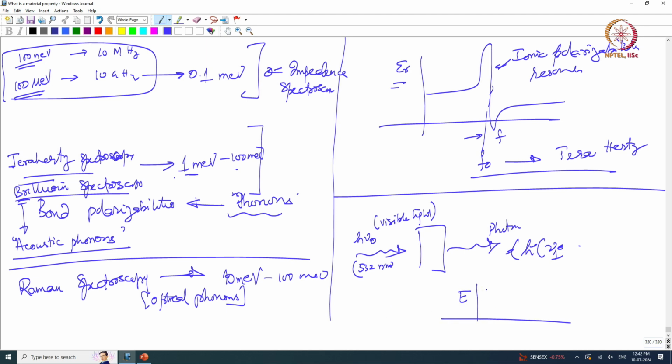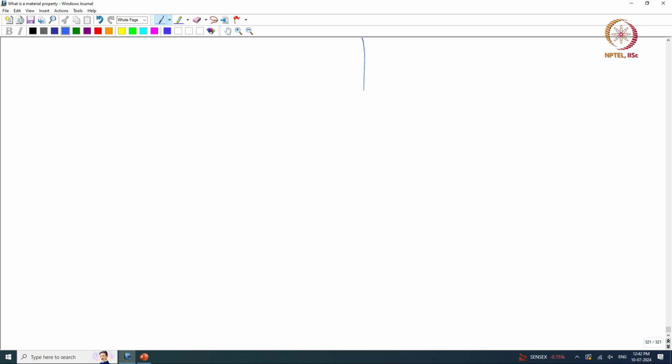If I look at energy versus frequency, the incident energy is here, this is nu naught, whereas the detected energy is somewhere here. This is called a Stokes shift, so this is nu measured or nu 1. So, this is incident and this is detected. Then what am I saying?